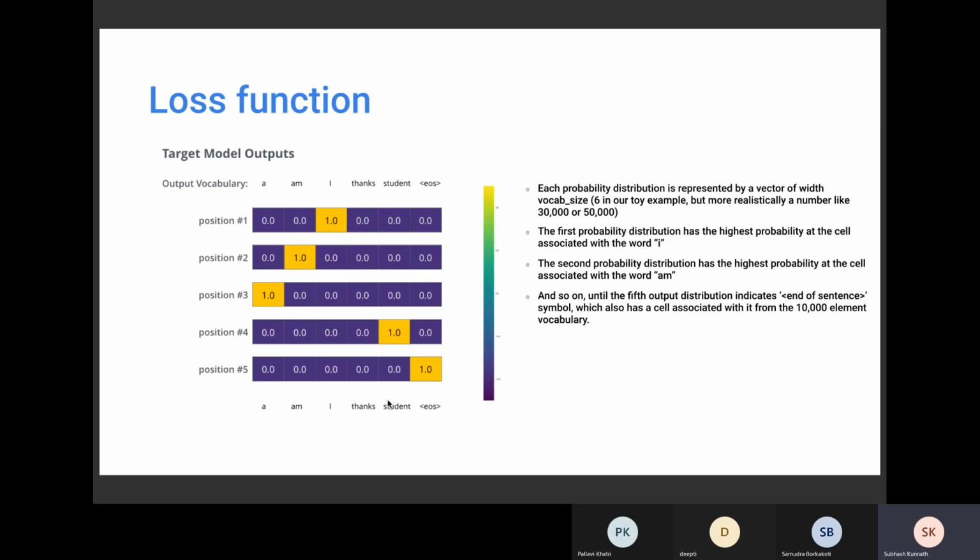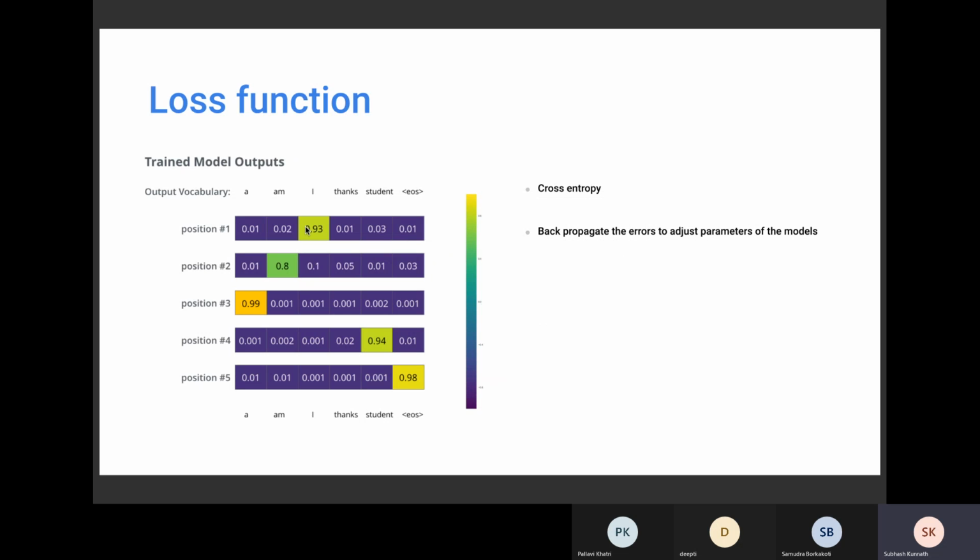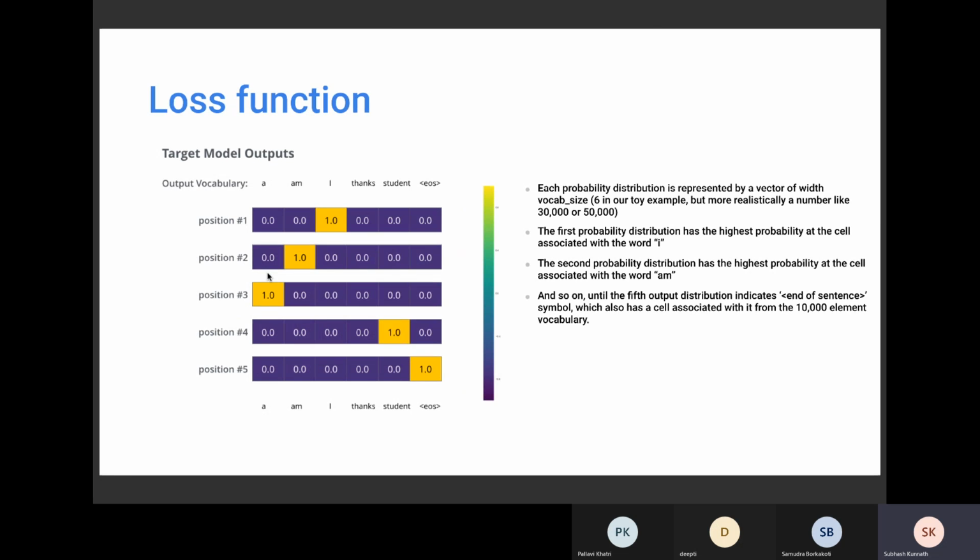So you get a trained model output like this: if your model is trained and has good accuracy on the decoding task, you will have a probability distribution with higher probability for "I" in position 1, and for "am" in position 2, and so on.